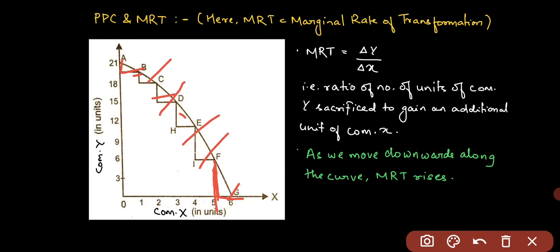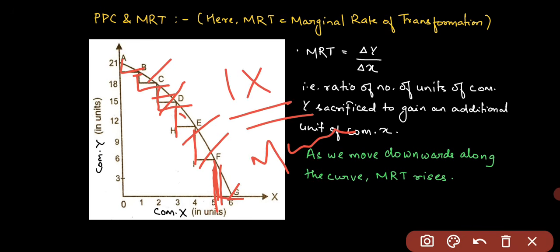This much to get one more unit, this much to get another unit, and another unit. You see, this increases parallel to y. So, to get one more unit of commodity x, we are losing more and more units of commodity y. Right.